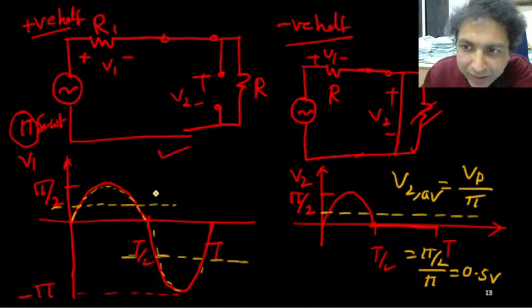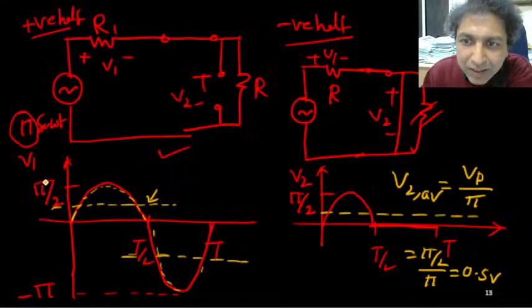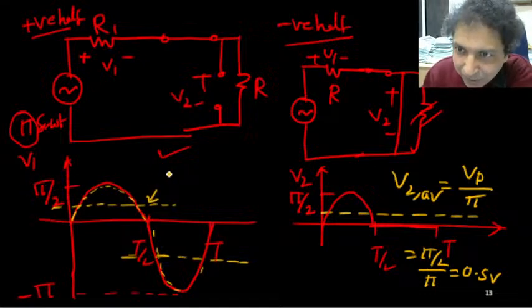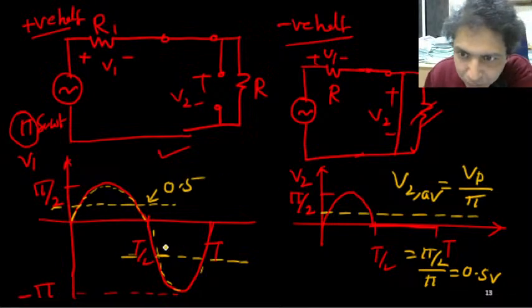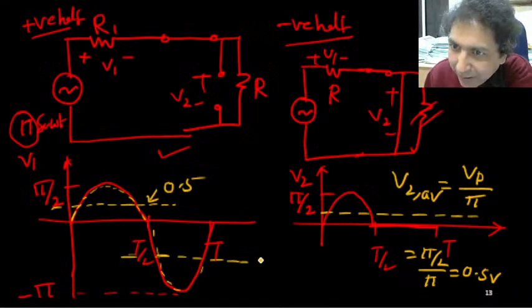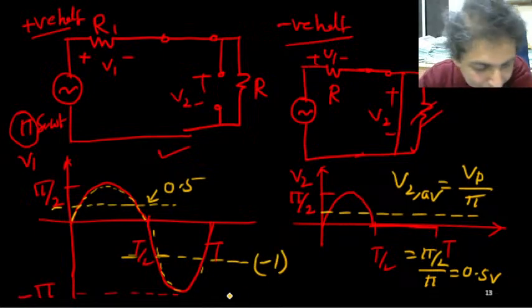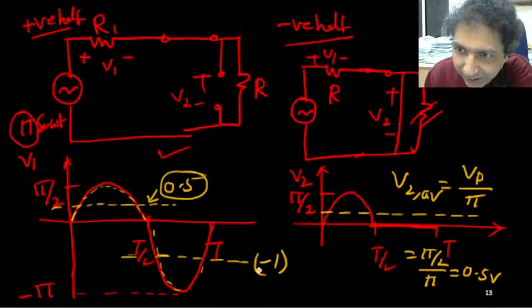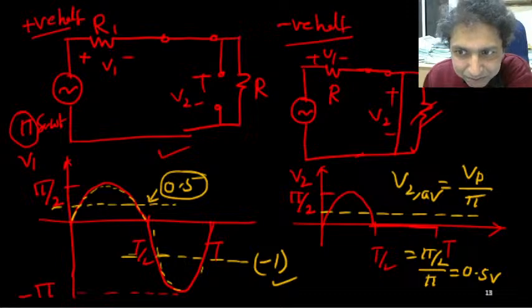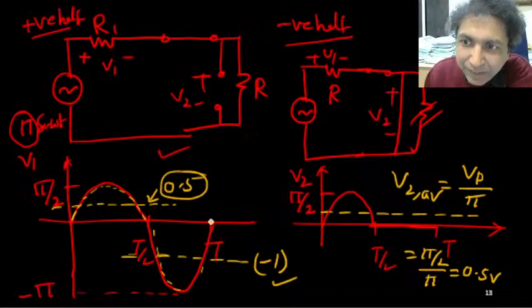So this average value is pi by 2 by pi, means 0.5, again like earlier V2, and this one will be minus pi upon pi, which is minus 1. Is it okay? So for the first half the average is 0.5, the second half average is minus 1. Okay. Now we need to take the average of these two.